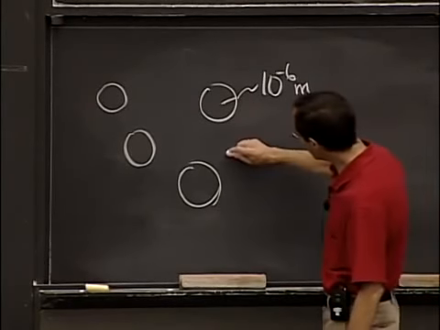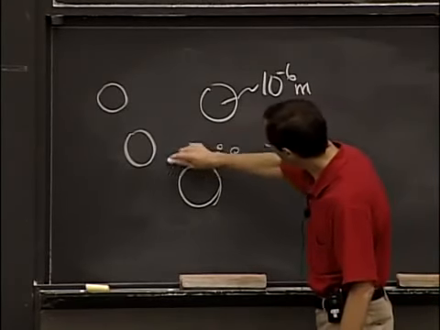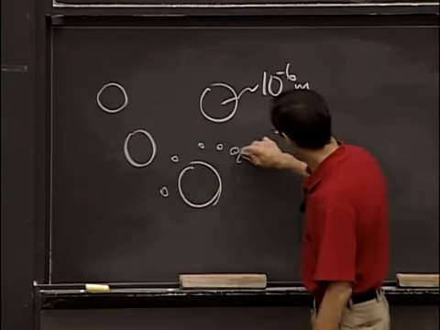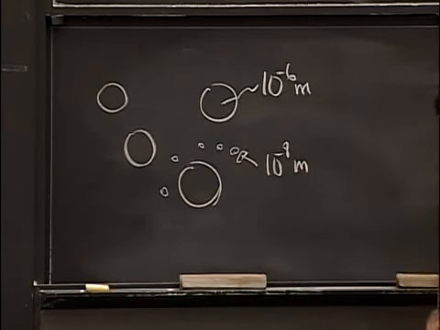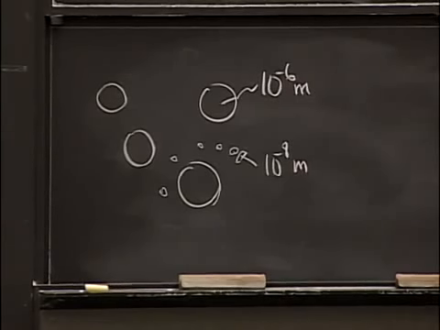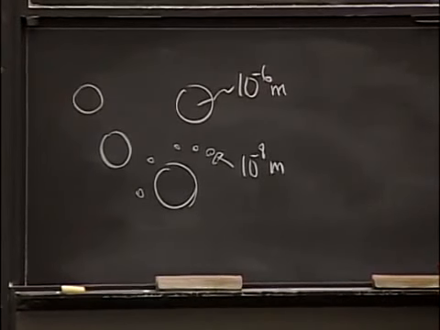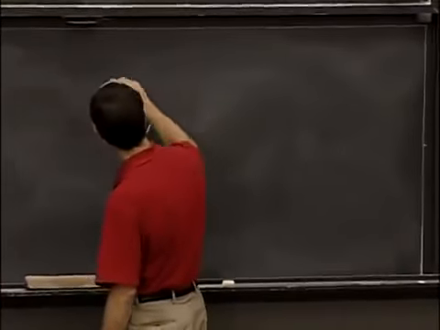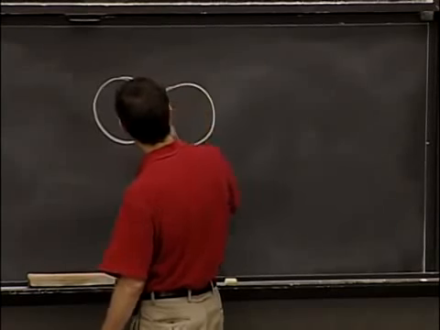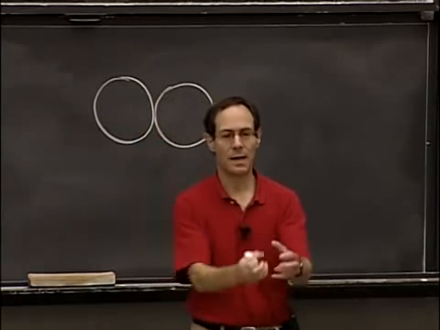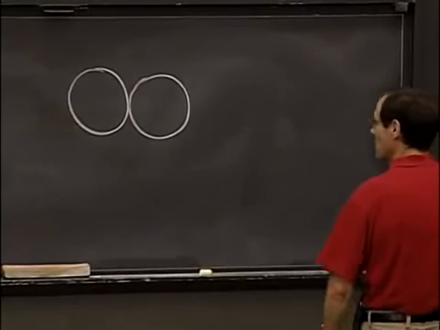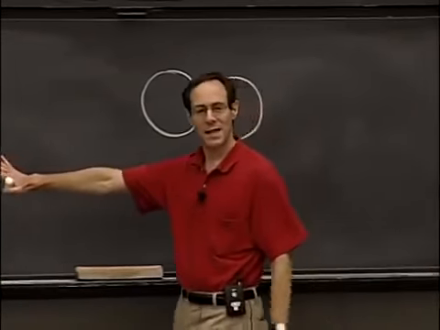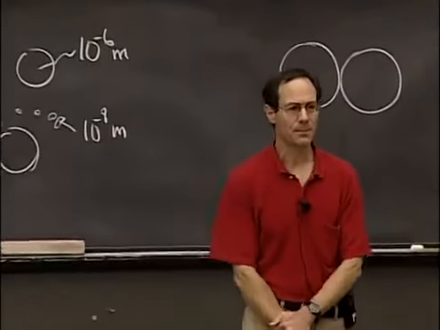And then you have a bunch of other little particles, which are a lot smaller, maybe 10 nanometers. Then what happens is that the big particles like to hug each other. They like to clump together. They're very nice, friendly characters. So what's the explanation for this?